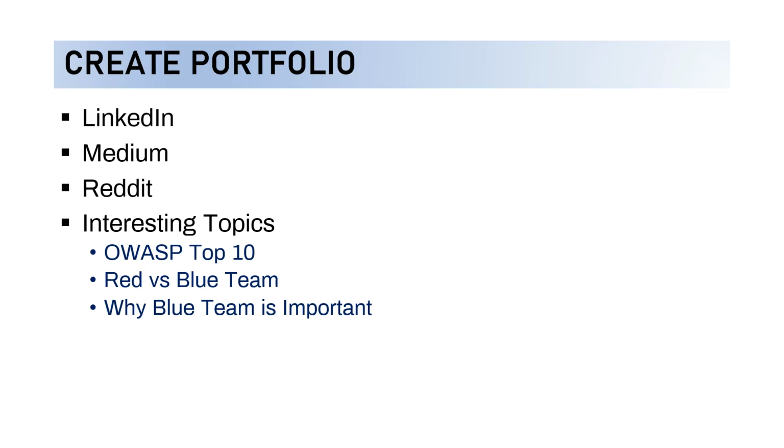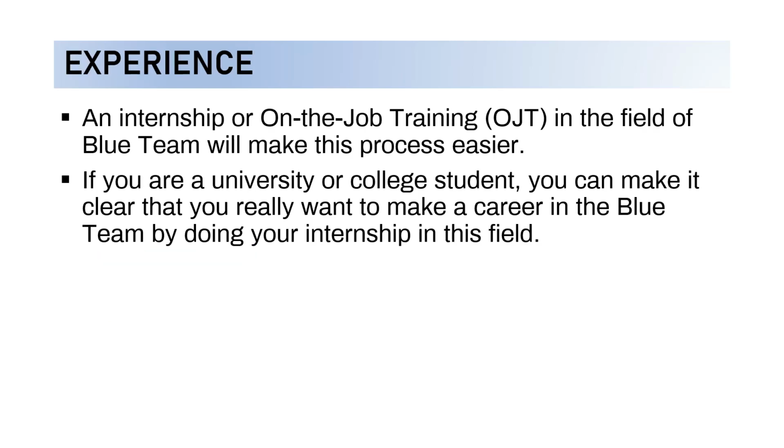Maybe you can start by writing about interesting topics such as OWASP Top 10, Red versus Blue Team, and even why Blue Team is important. Then, how to get experience? You can start by having an internship, or sometimes it's called on-the-job training, in the field of Blue Team. That will make the process easier.